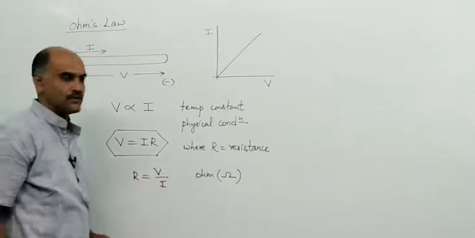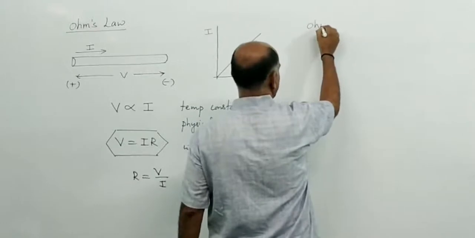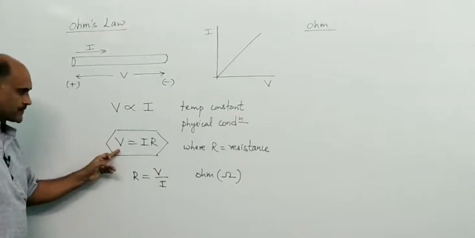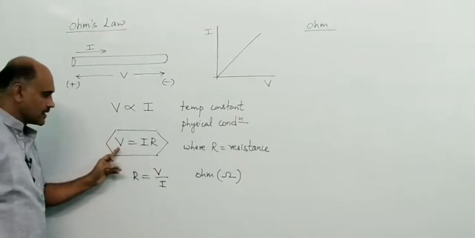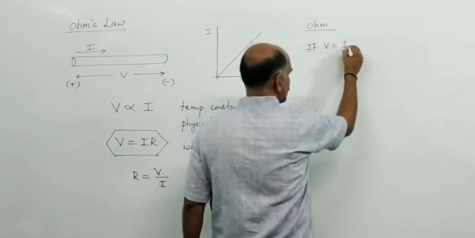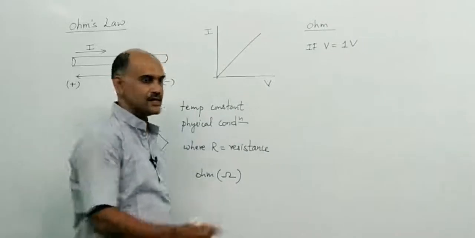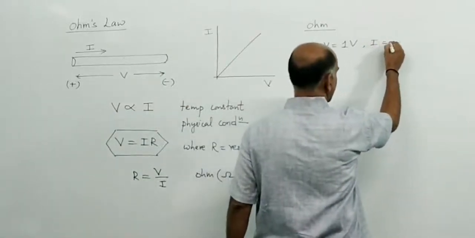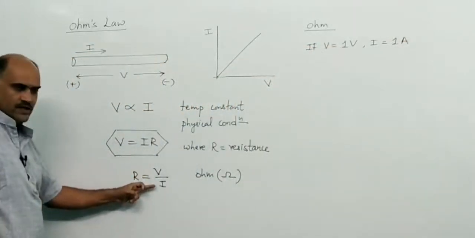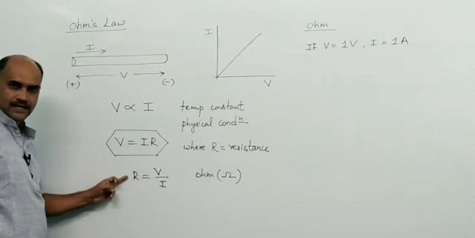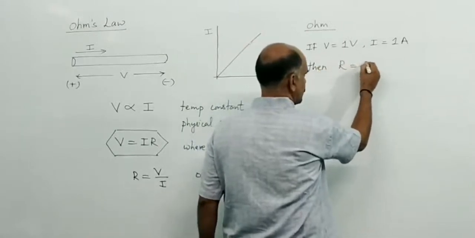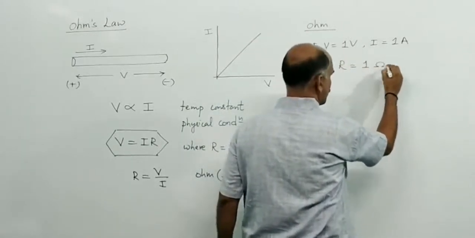Now, how do you define ohm? Again we will be taking this formula, V is equal to IR. If V is equal to 1 volt, potential difference is 1 volt, and current I is equal to 1 ampere, then R is equal to 1 ohm.